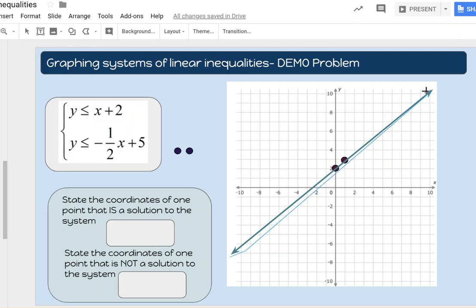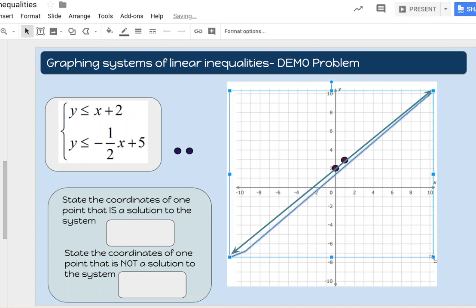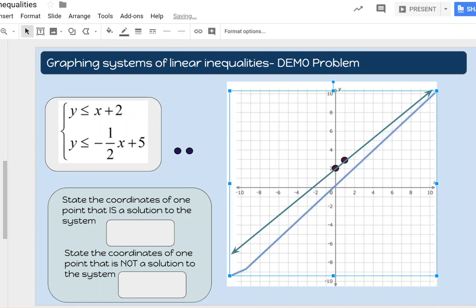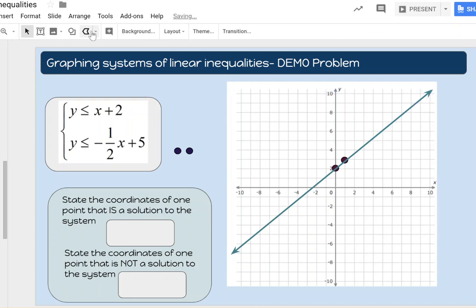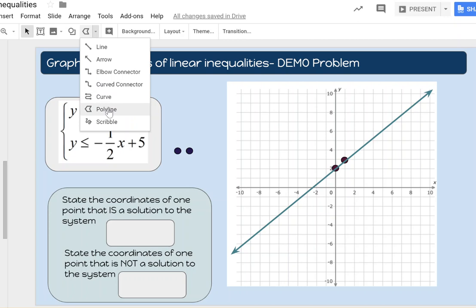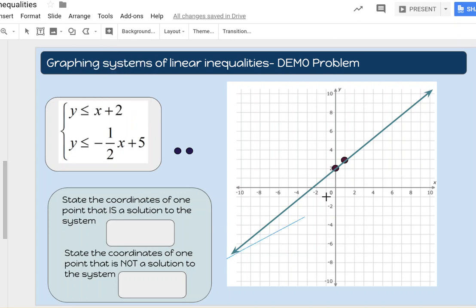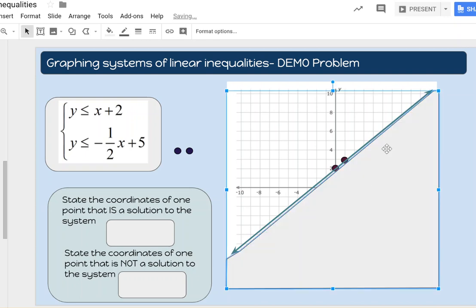Okay, again, I'm going pretty much all the way on the line. Oops, I don't like the way that came out, so I'm going to hit undo and start over. Again, I'm selecting the entire area below this line.